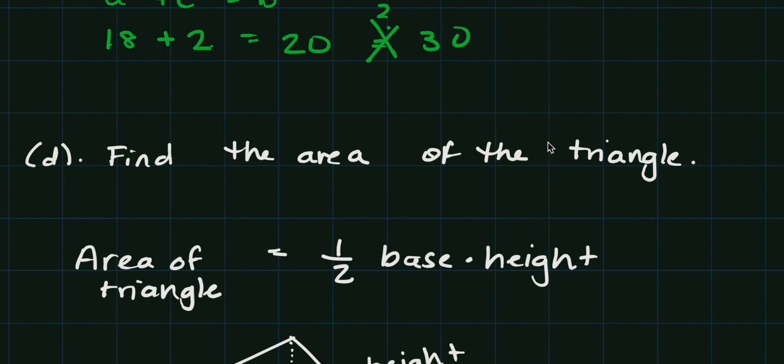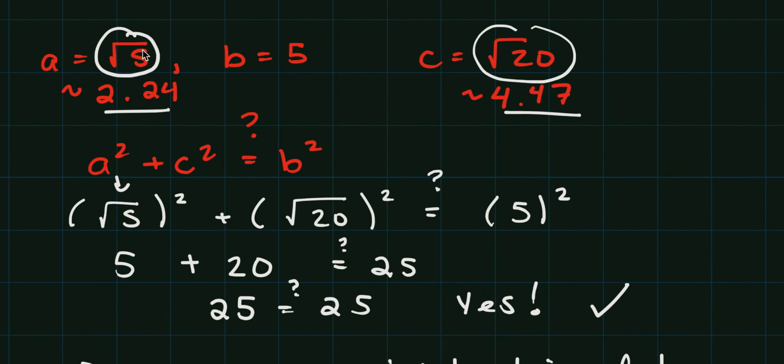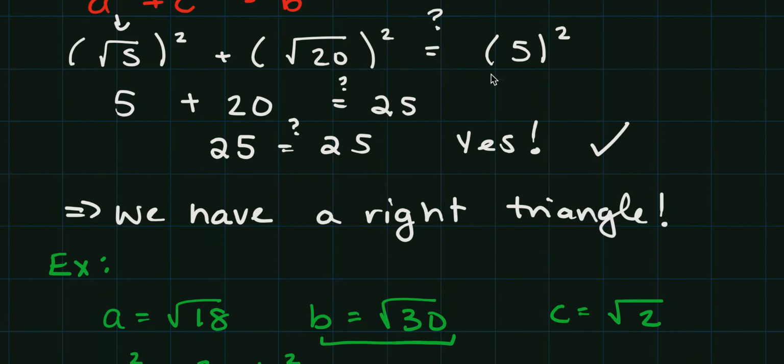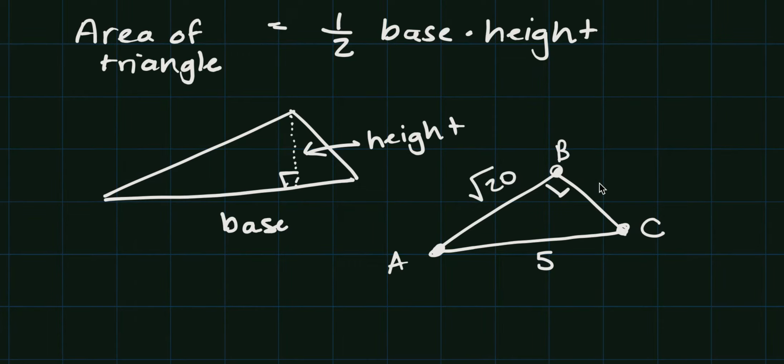The other 2 lengths were right here, square root 5 and square root 20. So let me write those. This is the square root of 20, and this is the square root of 5, because this is side A, this is side C, and this was side B.